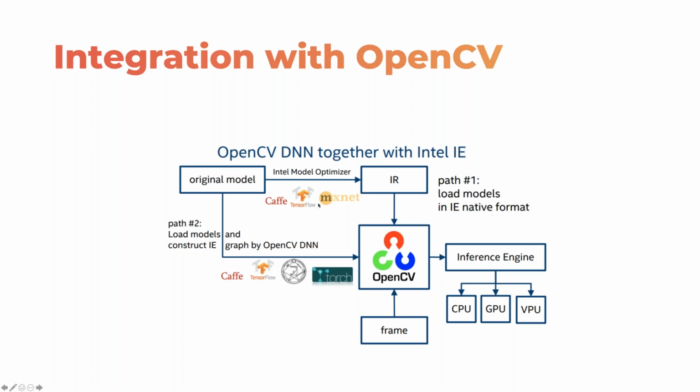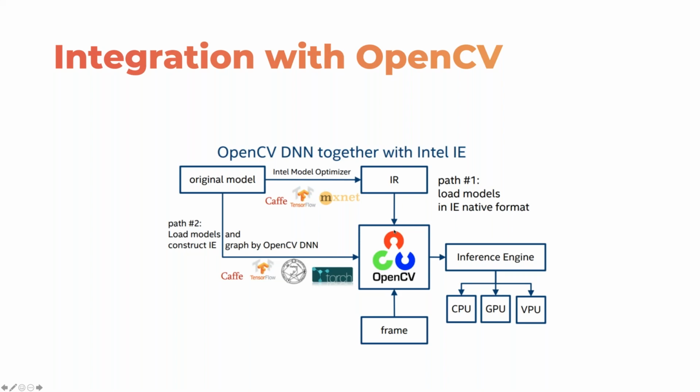But if you want, you can also load the original model, that is basically a Caffe, TensorFlow, or MXNet model, and then through the code you convert that into the IR format, and then use that IR with OpenCV.